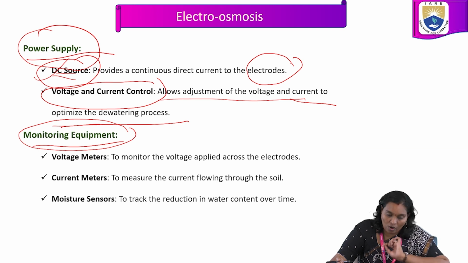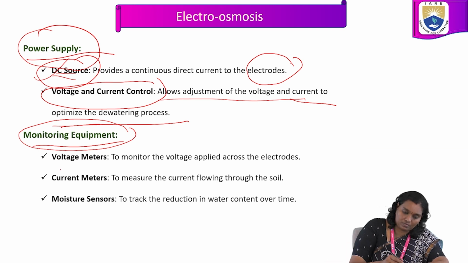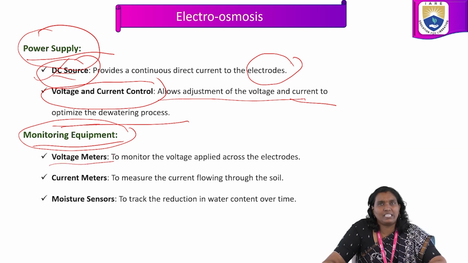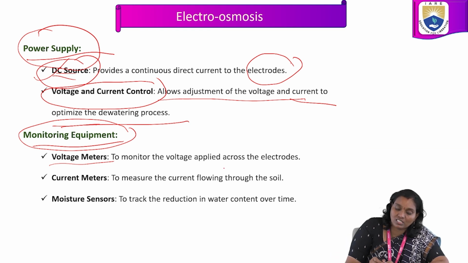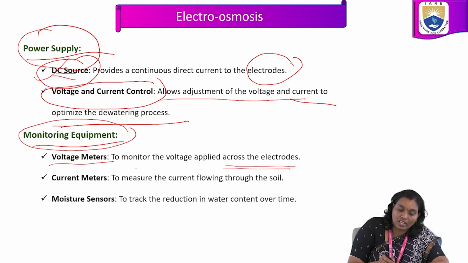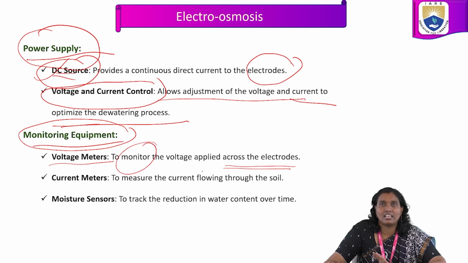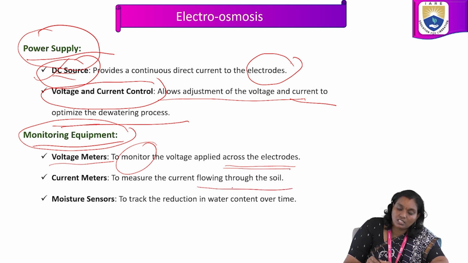Monitoring equipment includes voltage meters, current meters, and moisture sensors. Voltage meters monitor the voltage applied across the electrodes. The next one is current meters, which measure the current flowing through the soil.